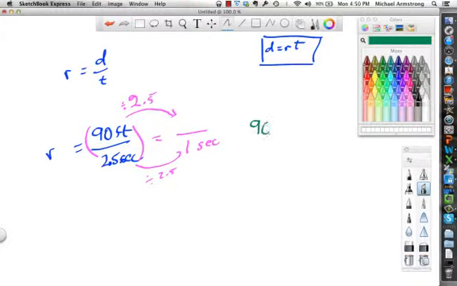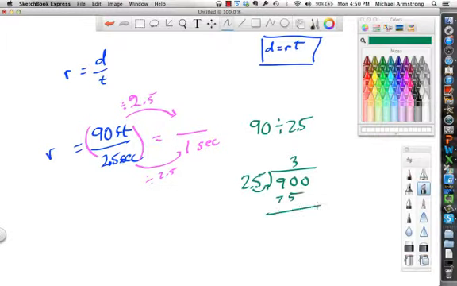So you can punch in 90 divided by 2.5 on your calculator, or you can do 2.5 into 90 and move the decimal so that it's 900. And 25 goes into 90 3 times. That's 75. That leaves 15. Bring down the 0. That's 150. And 25 goes into 150.